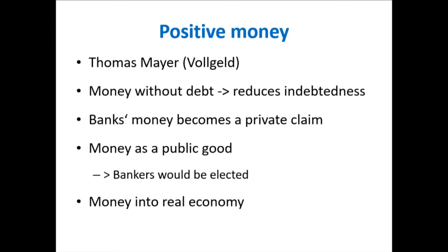And the prime minister of Iceland had a commission that should have proposed an alternative to the fiat financial system, and they got inspired by this Vollgeld initiative. And according to their proposal, the positive money, the Vollgeld, would get into the economy in three ways.